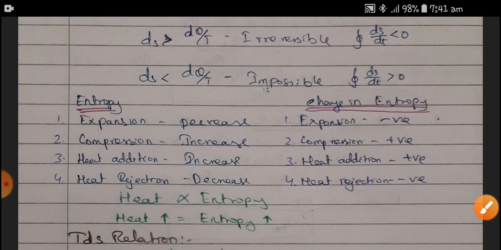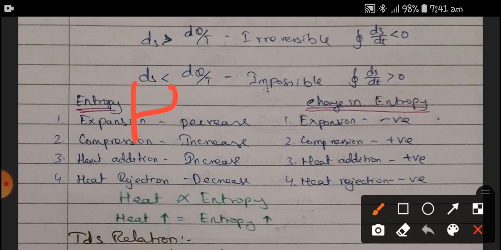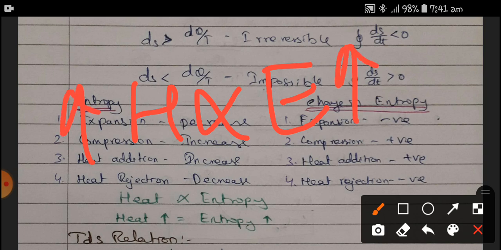In the expansion process the entropy is decreasing, in the compression process the entropy is increasing, with heat addition it is increasing, and with heat rejection it is decreasing. Here we can know that heat and entropy are directly proportional. If heat increases, entropy increases.